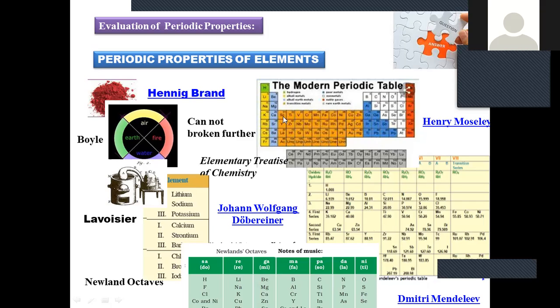So here the elements of all chemistry and physics are classified according to their electronic configuration. Periodic properties are mainly because of the electronic configuration. You may say atomic number, because atomic number just resembles the number of protons or the number of electrons, right?